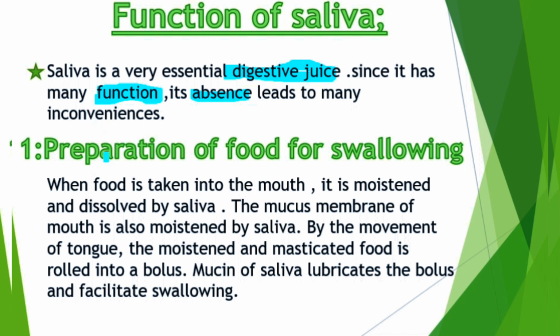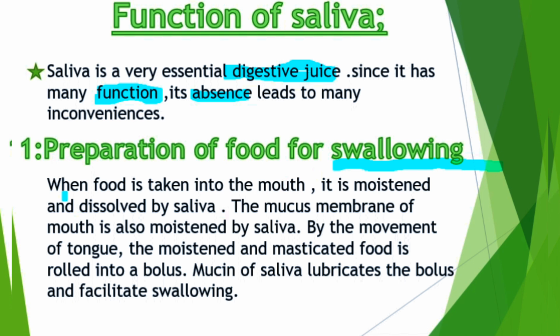The first function is preparation of food for swallowing. Swallowing is the movement of food from the mouth into the digestive system. How is saliva responsible for preparing food for swallowing?